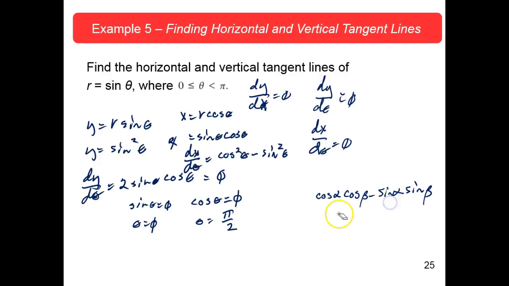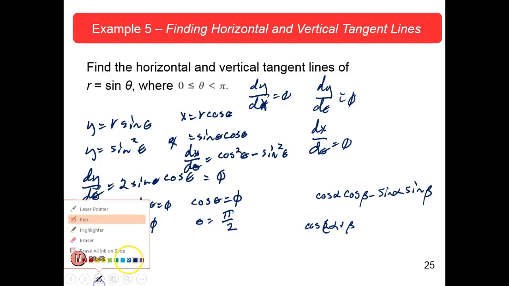I'm guessing not. How about this one? That is cosine 2 alpha. Okay. This cosine alpha plus beta is what that one is.